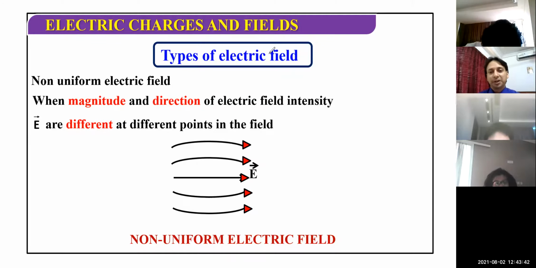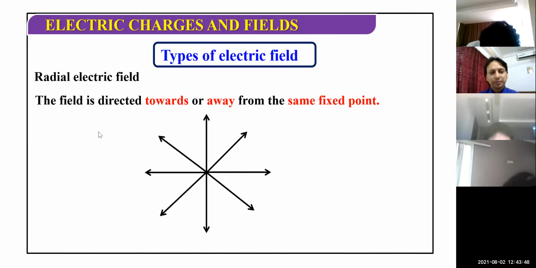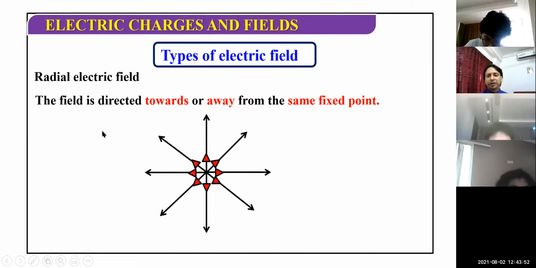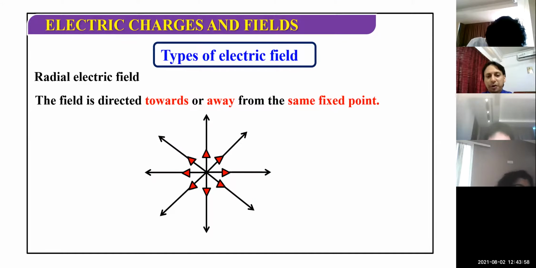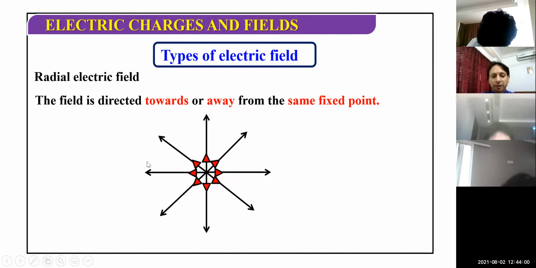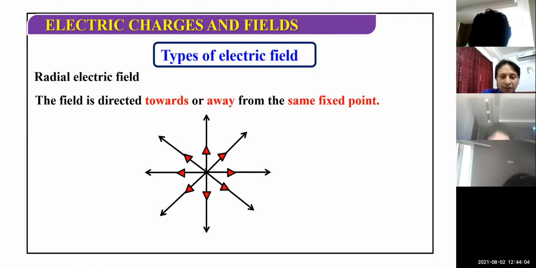Let's move to the third category of the electric field, and that is the radial electric field. Radial electric field means this diagram corresponds to the positive charge. They have not mentioned the positive charge, but let me put it here. This is a positively charged body.